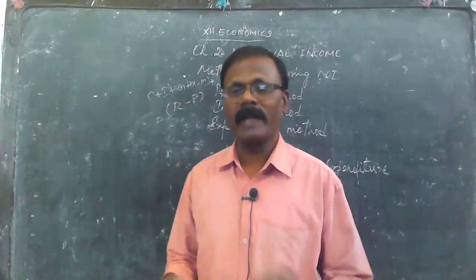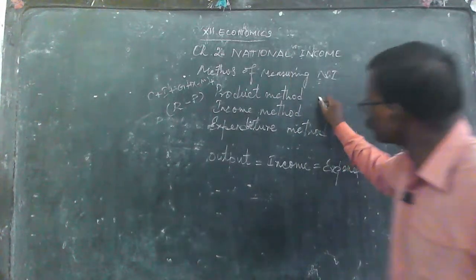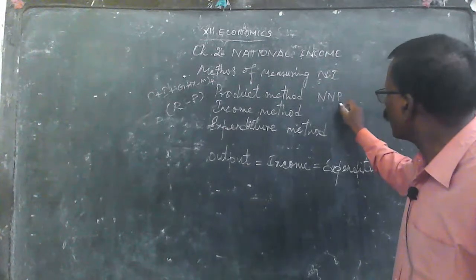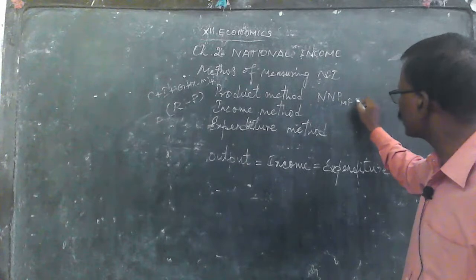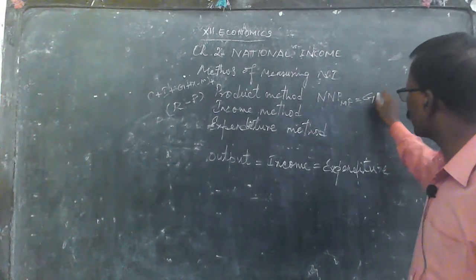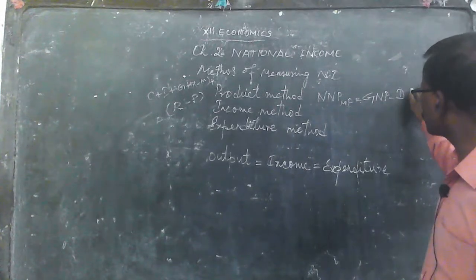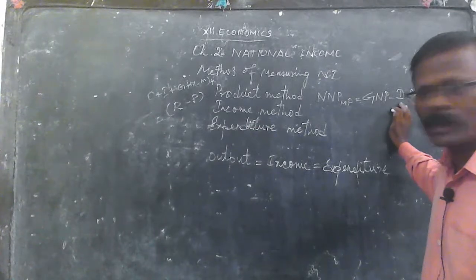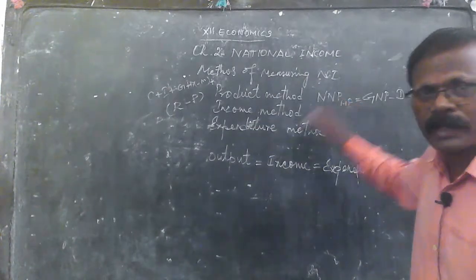So this can be expressed in the following equation: NNP at market price is equal to GNP minus depreciation allowance, DA. It's not DNS allowance, depreciation allowance. This is how NNP is obtained.